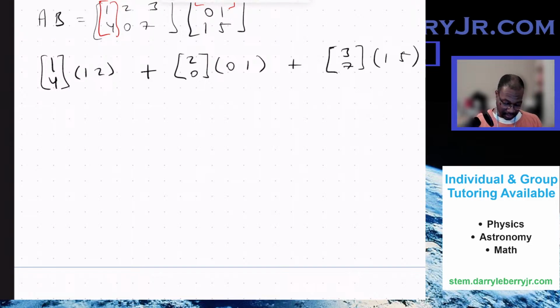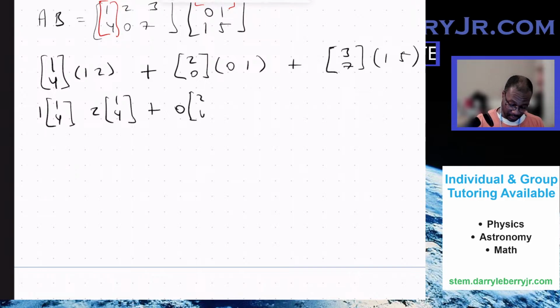So what we will have is 1, 1, 4, 2, 1, 4 plus 0, 2, 0, 1, 2, 0 plus 1, 3, 3, 7, 5, 3, 7.